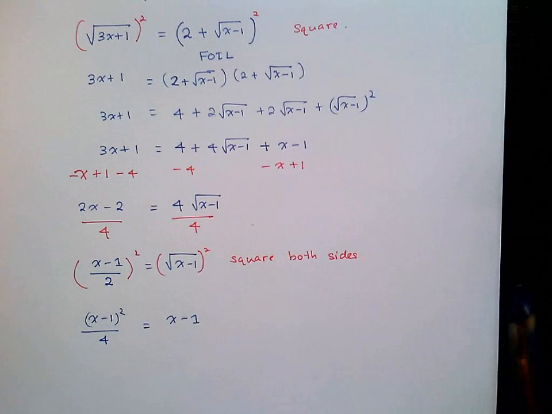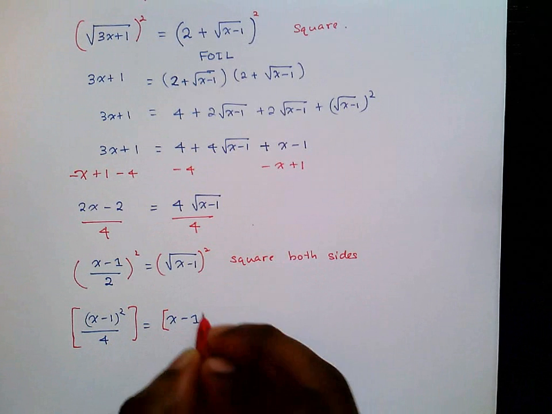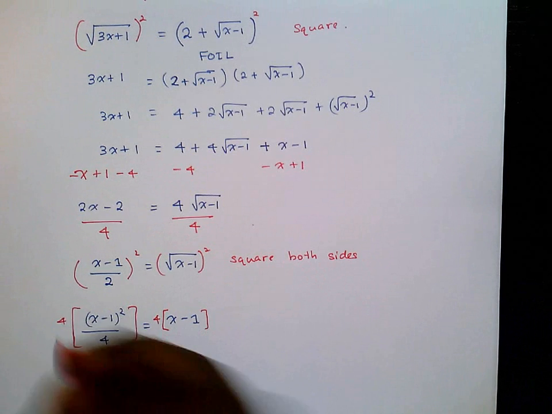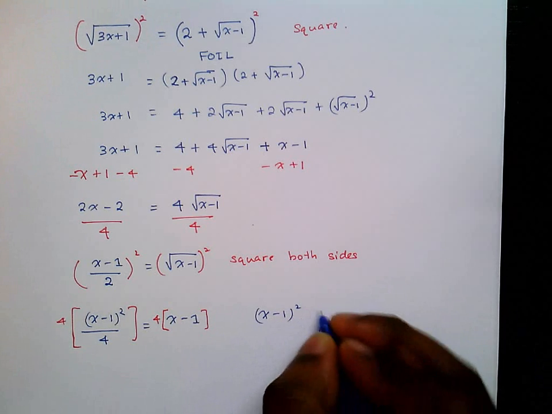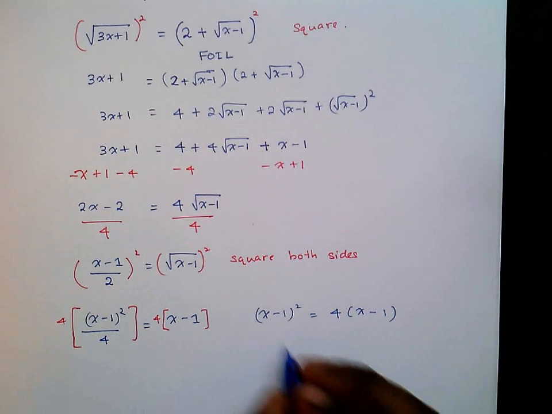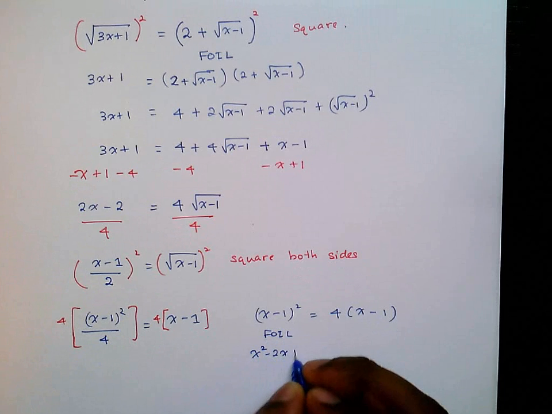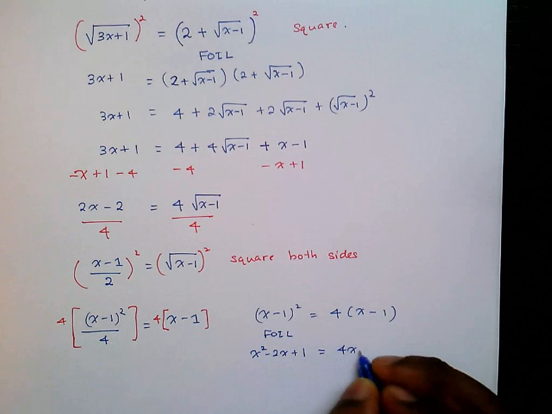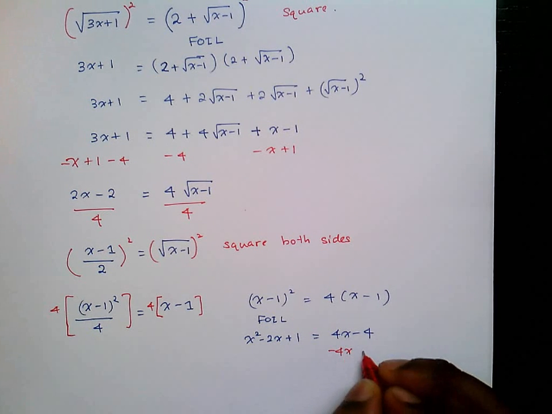And I would multiply everything by 4 just to clear off the fractions. So I get x minus 1 squared is equal to 4 times x minus 1. So x squared minus 2x plus 1 is 4x minus 4. Subtract 4x, plus 4.